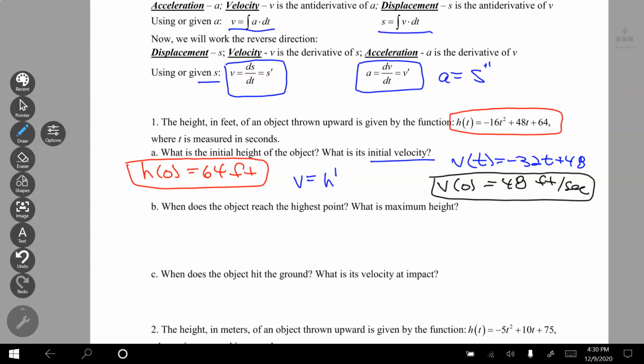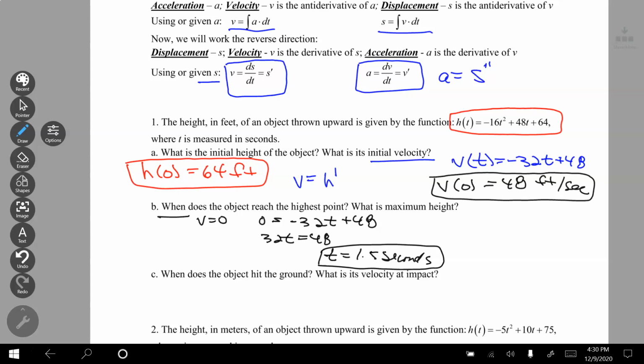When does the object reach its highest point? Well, when is time, and I take my velocity equation and I set it equal to 0. So 0 equals negative 32t plus 48. 32t equals 48. t equals 1.5 seconds. And what is its maximum height?